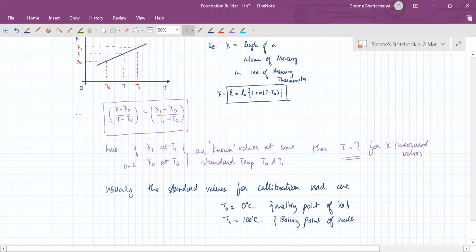Because these are two conditions which are very easy to create in laboratory physics.